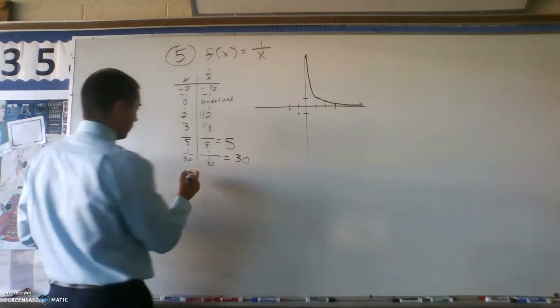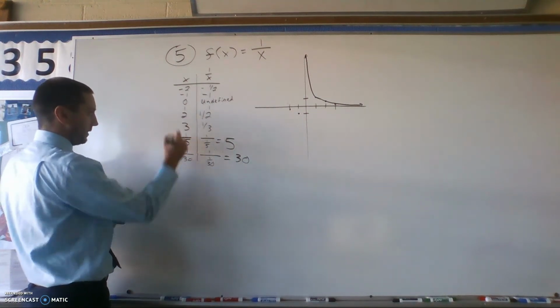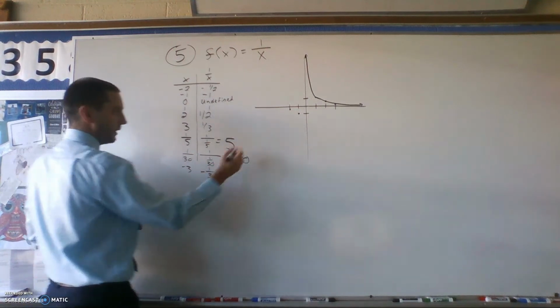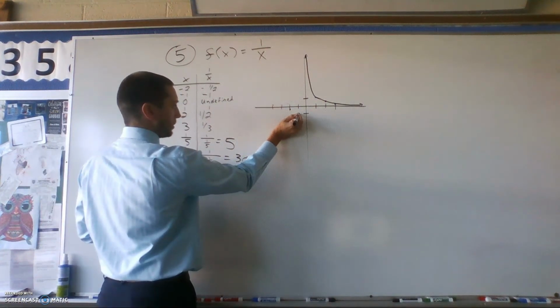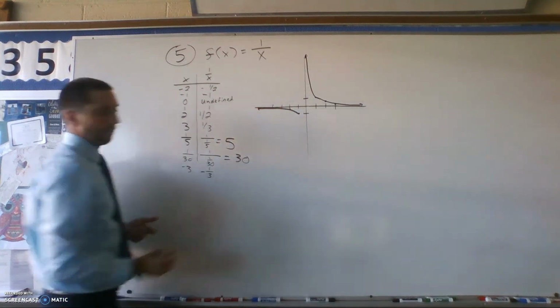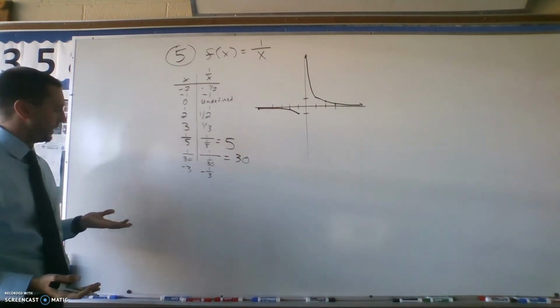All right, what about negative numbers? If I plug in -3, I get -1/3. So as I plug in smaller and smaller numbers over here, it's also flattening out. Touching, not touching, I don't know. We'll talk about that in a second.